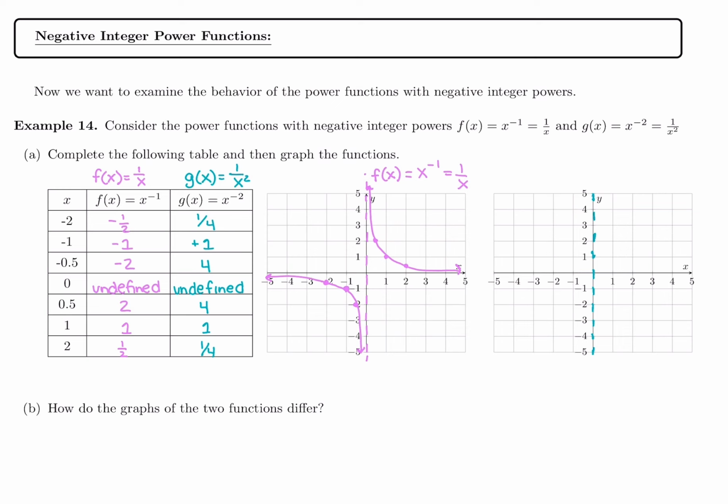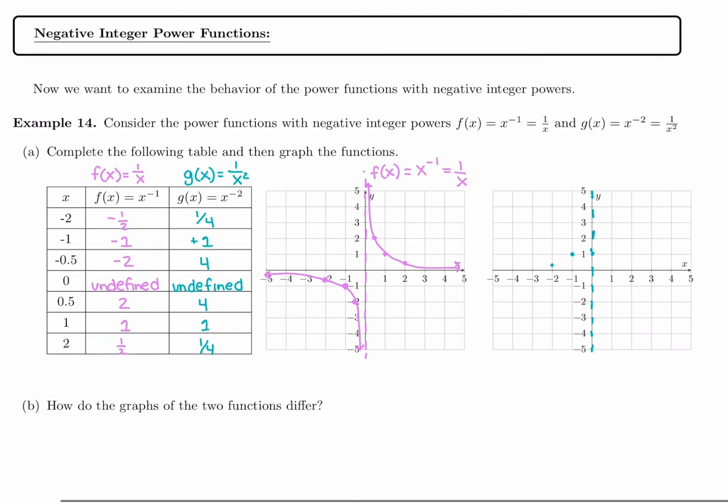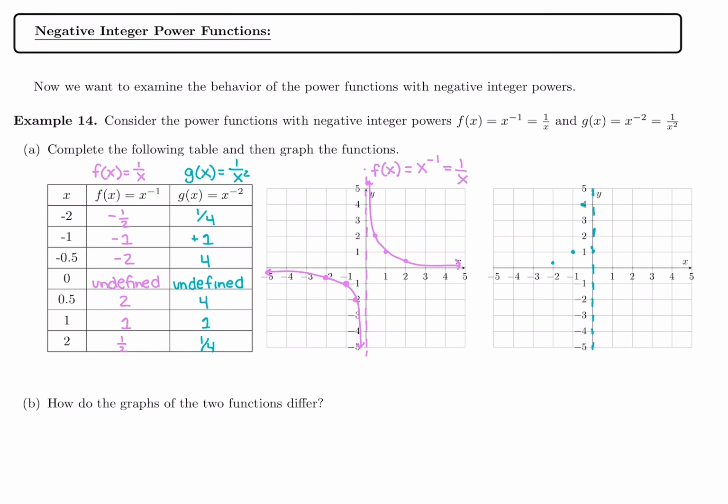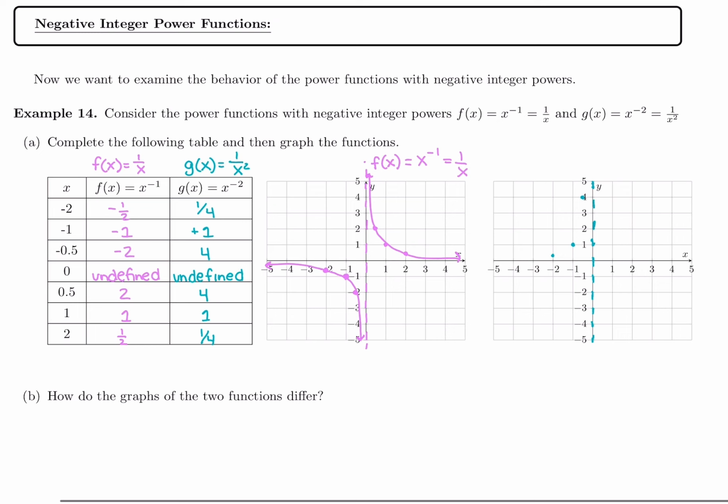But then if we think about what's happening to the left and to the right, if we plug in negative 2, we got 1/4 out. So positive 1/4. So maybe right here, if we plugged in negative 1, we got a positive 1. And negative 0.5, we were up at 4. So our left side connecting these dots got suddenly steep.